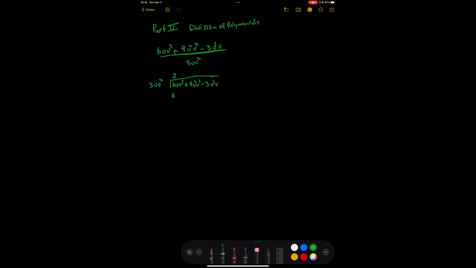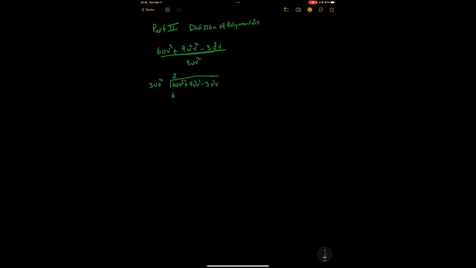And we have a v cubed right here and a v squared right here, so that would be v. So 2v times 3uv squared will be 6uv cubed. And we're going to subtract, then we go to 0.